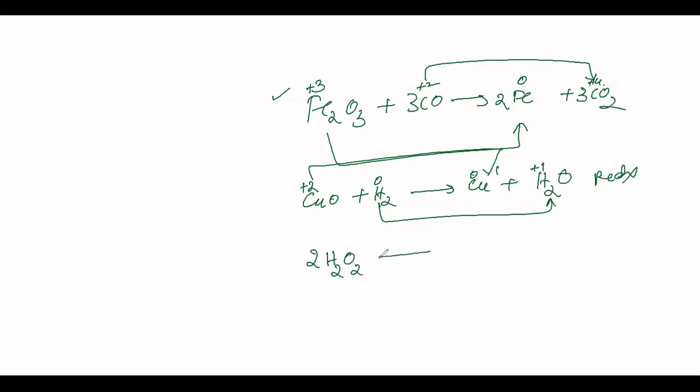H2O2 giving 2H2 plus O2. Plus 1 oxidation state, this is 0. Minus 1 oxidation state, not disproportionation, it is a redox reaction. This one will be 0. So hydrogen is getting reduced, oxygen is getting oxidized, redox.